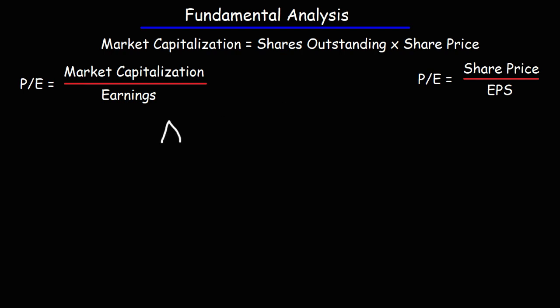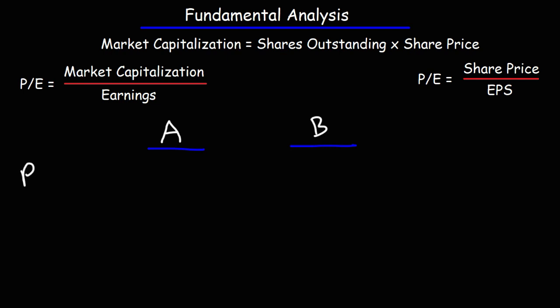Now let's use a familiar example to illustrate how the price to earnings ratio can be used to indicate if a company might be undervalued with respect to another company. So in the first row, we're going to have the share price of each company.